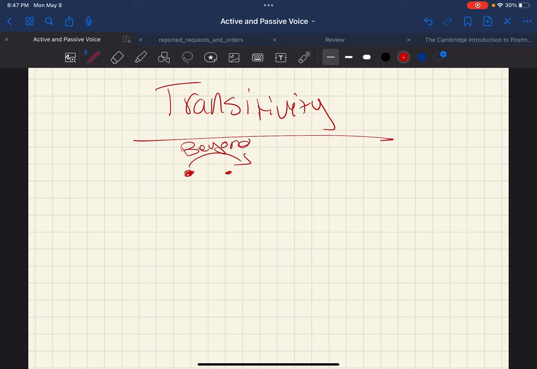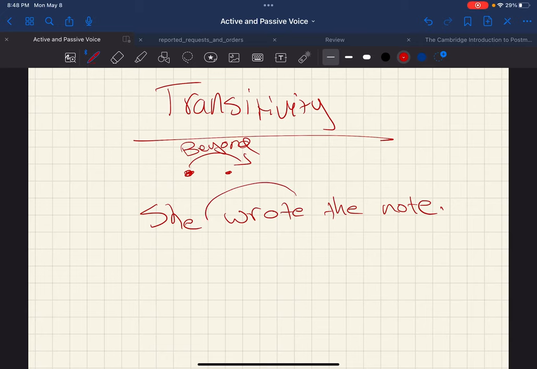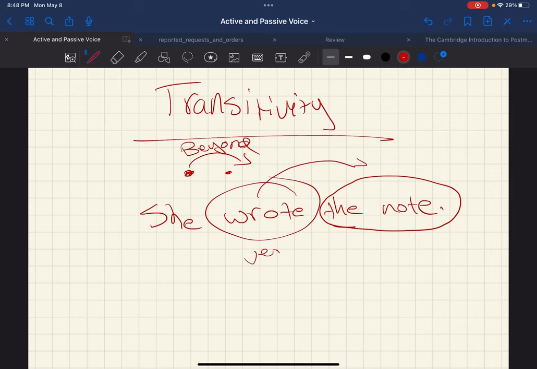So what do we mean exactly by beyond? When we have a sentence such as she wrote the note, the verb wrote is transitive. Why? How do you know something is transitive? When it receives an object, when it goes beyond the verb. This is the general concept of transitivity.